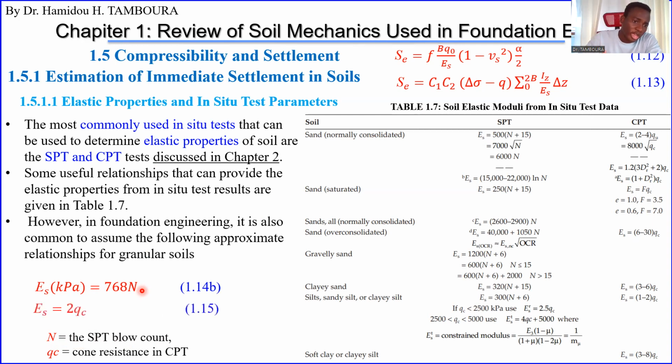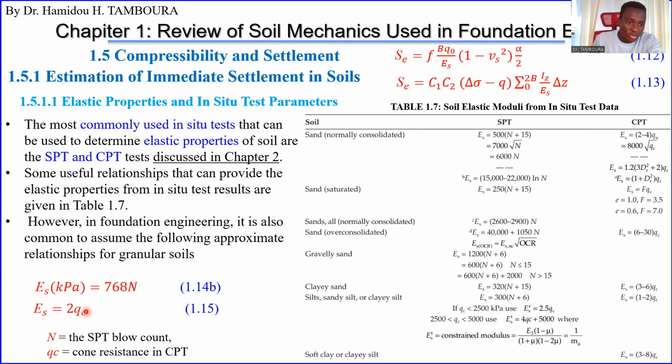And if you do SPT, if you do CPT, sorry, this one is SPT, okay? N value is for SPT. I hope I didn't say otherwise. And this one, qc, is for CPT, cone resistance.